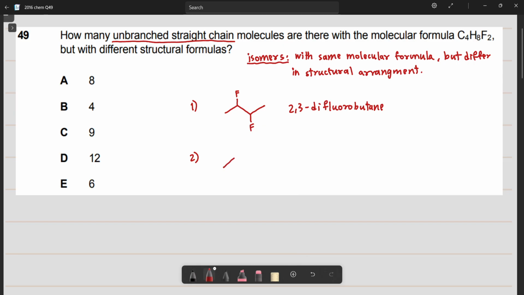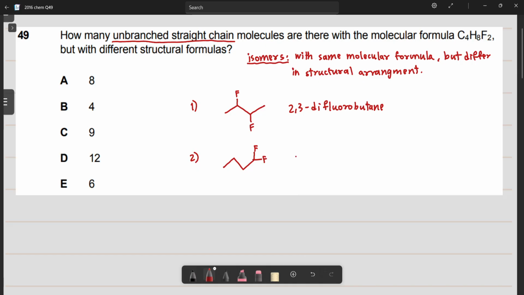Okay, and the second one. Keep in mind we have to keep the carbon chain linear, with no branching. For example, if I draw methyl groups branching over here, this is completely wrong because the question says unbranched. It must be a linear chain. Now on the other side I can draw 2 fluorine on one carbon.